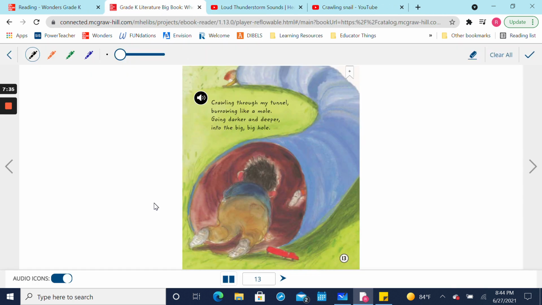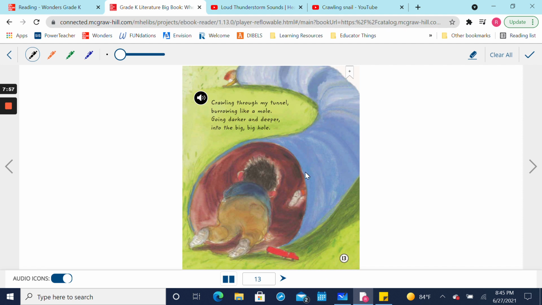He is moving dirt. But in the story, is the little boy digging and moving dirt? No, he's not digging and moving dirt, but he is crawling, right? Just like our mole friend was.